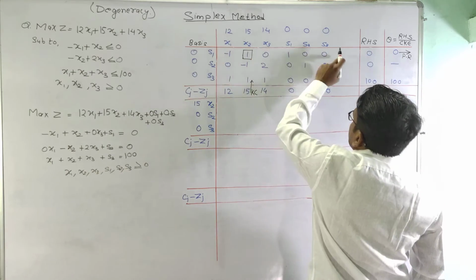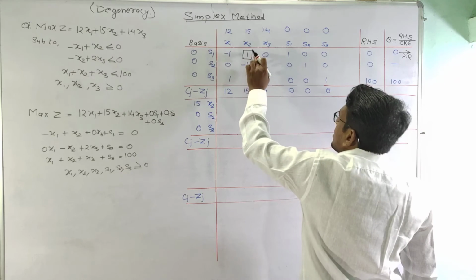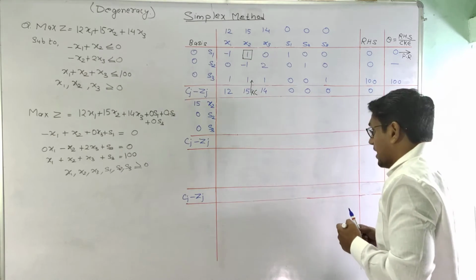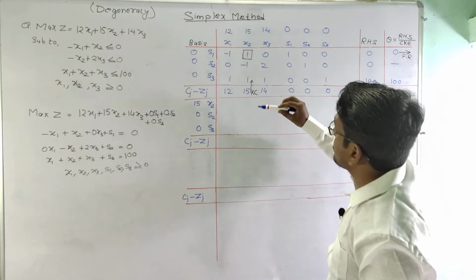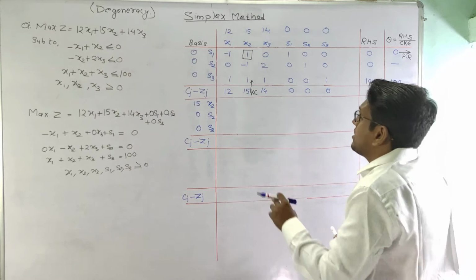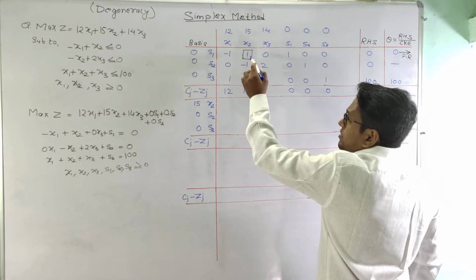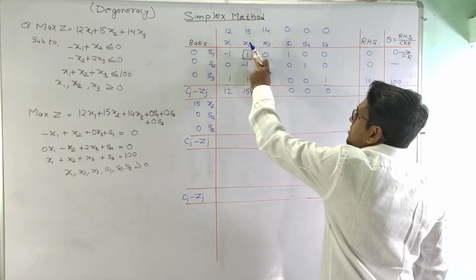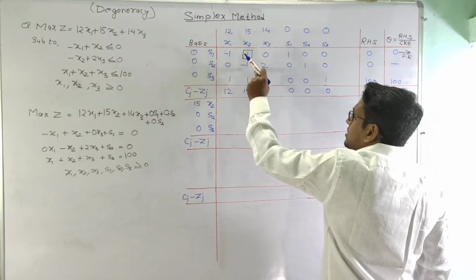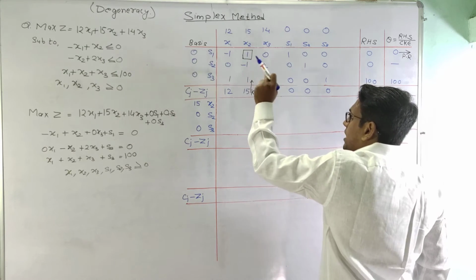Key column and pivot row, its intersection point is known as the pivot element. Now we need to make this element 1, as here it is already 1. We need to make the remaining values in this column 0.